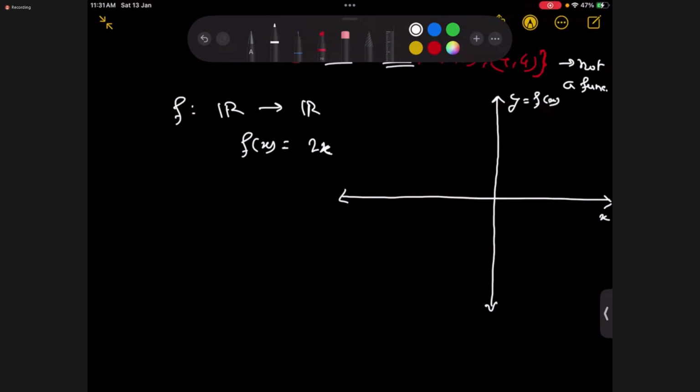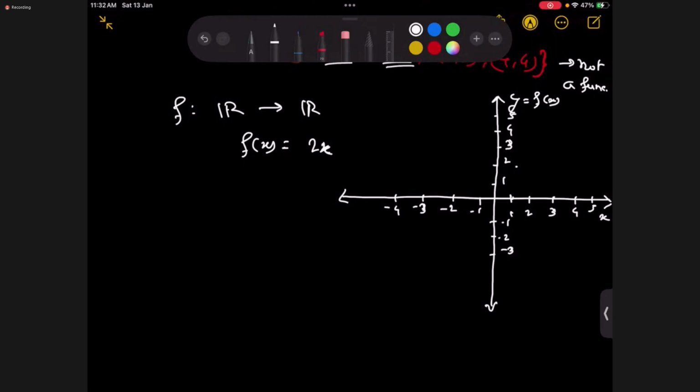This is 1, 2, 3, 4, 5 and minus 1, minus 2, minus 3, and so on. We are going to draw the graph of the function 2x. For x equals 1, the value is 2, so the point will be here.